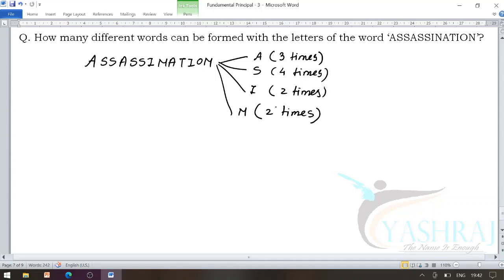That's it. So 2 plus 2, 4, 4 plus 4 is 8, 8 plus 3 is 11, plus 1 time O we are having 12.